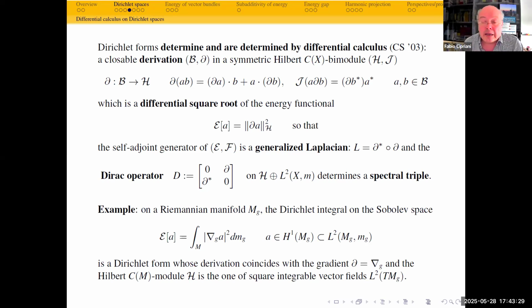But this theory is flexible enough to deal with generalized Laplacians and derivations on, let's say, exotic spaces, which maybe do not support a manifold structure. So it's a calculus which is intrinsic to the energy functional.